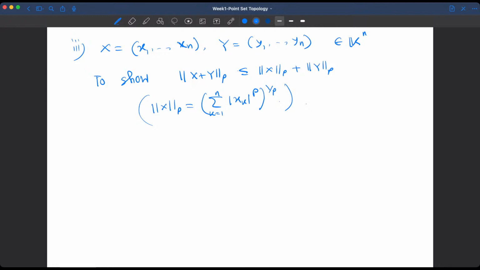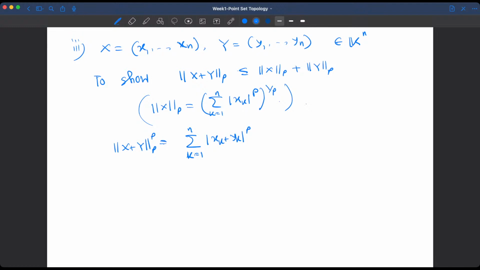So let's start with the pth power here. The pth power of the norm of x plus y will be the sum over k equal to 1 to n of mod xk plus yk power p, right? The 1 over p power just goes to 1.